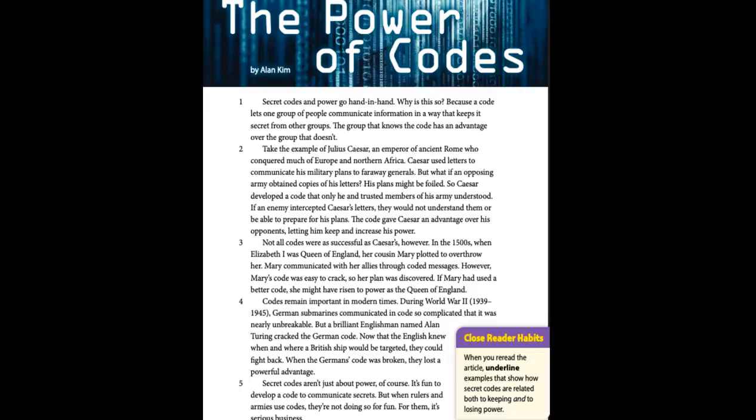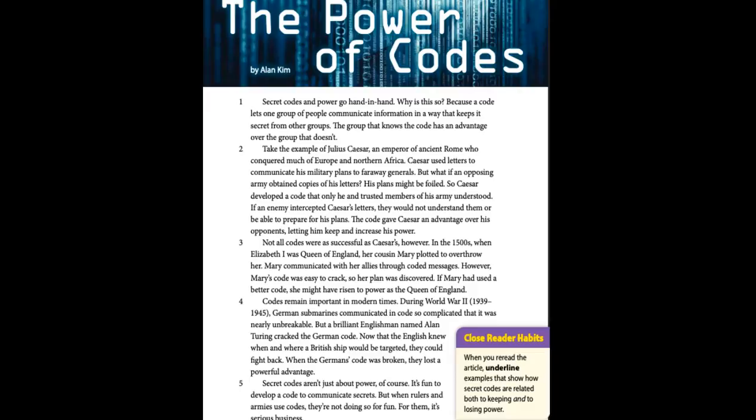Not all codes were as successful as Caesar's, however. In the 1500s, when Elizabeth I was Queen of England, her cousin Mary plotted to overthrow her. Mary communicated with her allies through coded messages. However, Mary's code was easy to crack, so her plan was discovered. If Mary had used a better code, she might have risen to power as the Queen of England.